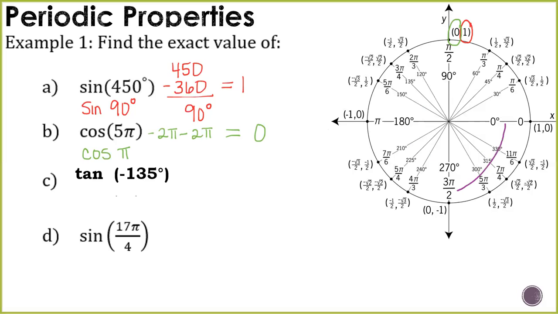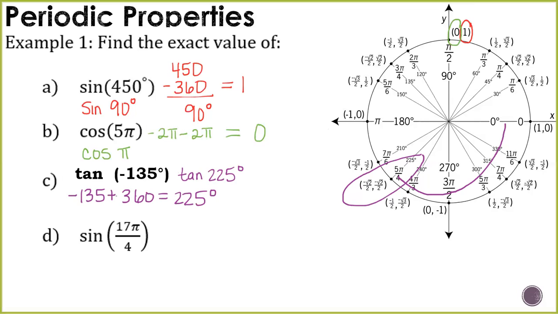So this is 90 plus another 45. So it actually lands right here. So this is my coterminal angle. Another way to do that would be to simply add 360. So the tangent of negative 135 is the same as the tangent of positive 225.